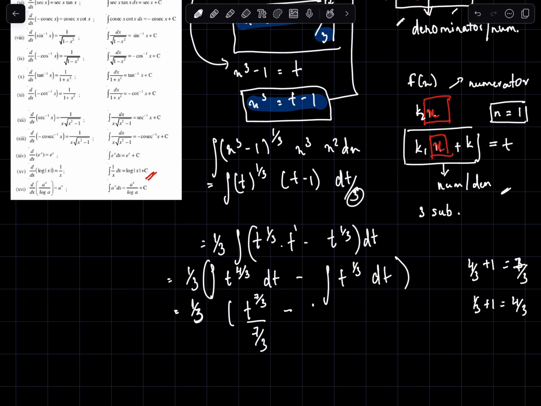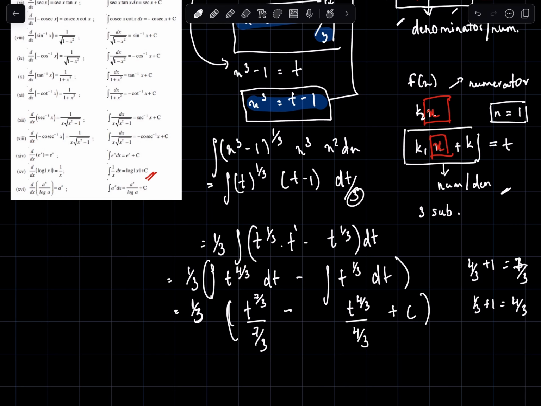We know that. T raised to the power 4 by 3 divided by 4 by 3 plus c, right? Sorry, this looks really confusing for you guys.